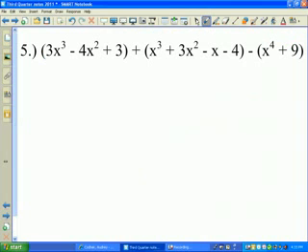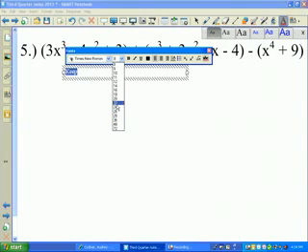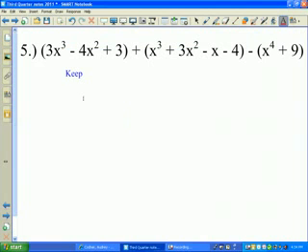All right. So for those that already paused, and I know some of you probably didn't, but that's okay. First things first, I need to figure out when I'm keeping and when I'm changing. So from here, the first part, I'm actually going to keep this. And the reason why I'm keeping it is because it's dealing with the addition.